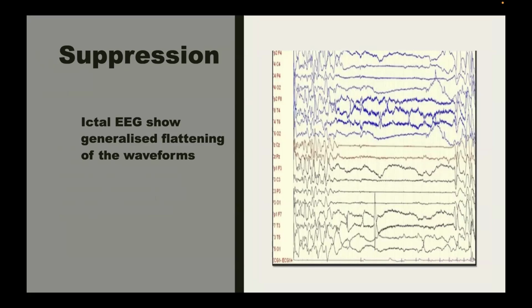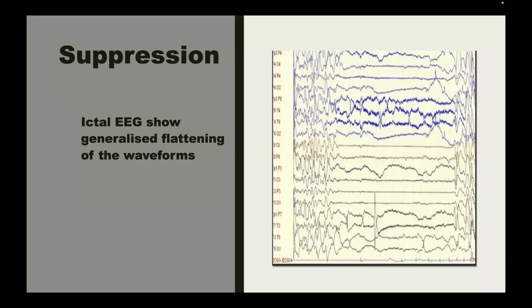Another example is suppression, a generalized flattening of the waveform. We have another example of flattening. Suppression of the background is also one type of ictal rhythm. So as we always say, in any patient with any clinical ictal event, we should focus on the flattening of the EEG.